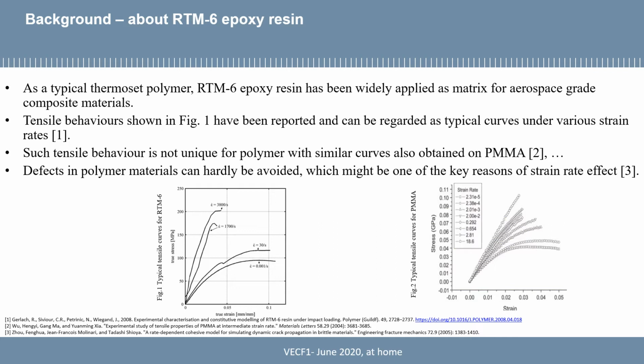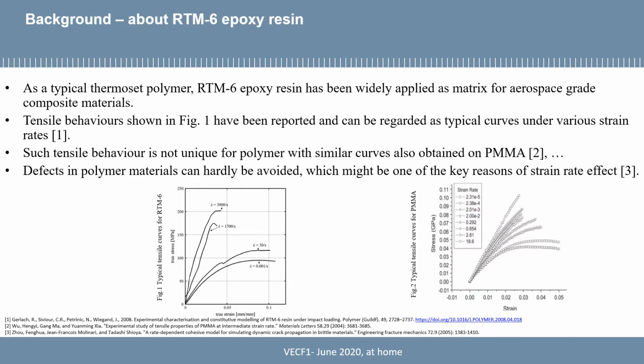And such tensile behaviors are not special for RTM-6 epoxy resin. It's also found for other polymer materials, like PMMA, which is shown in Figure 2. You can see that these two curves are kind of similar.